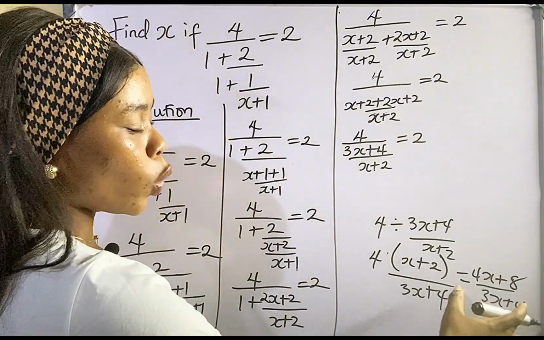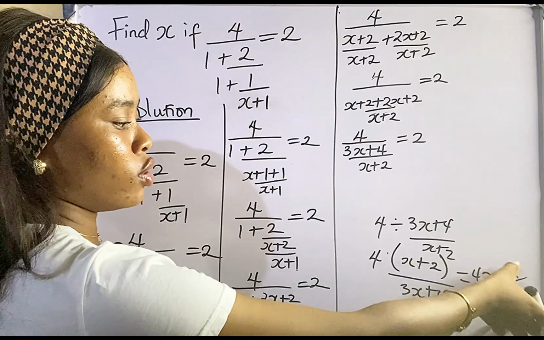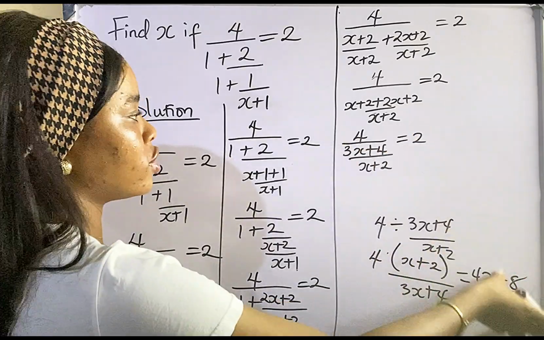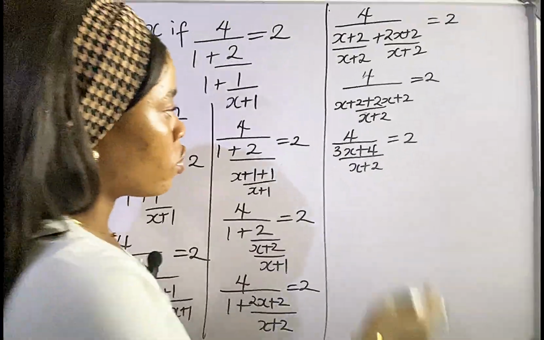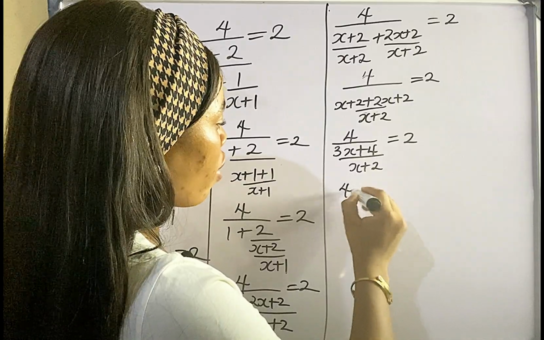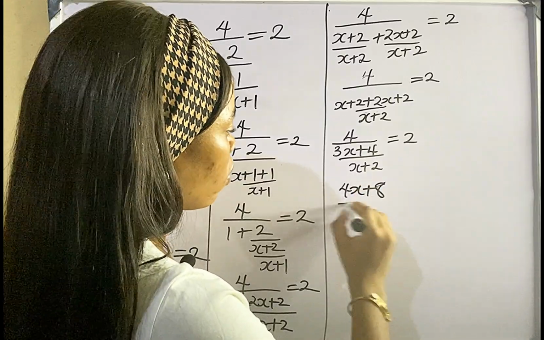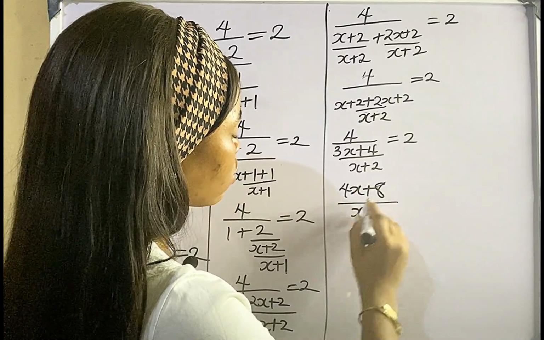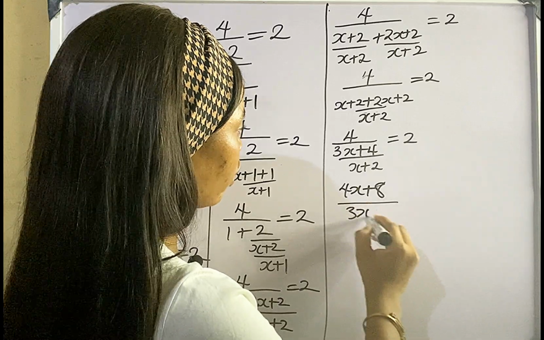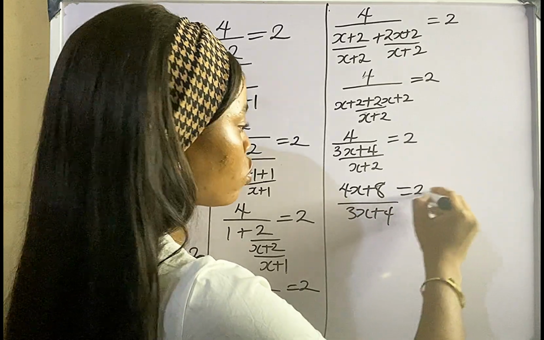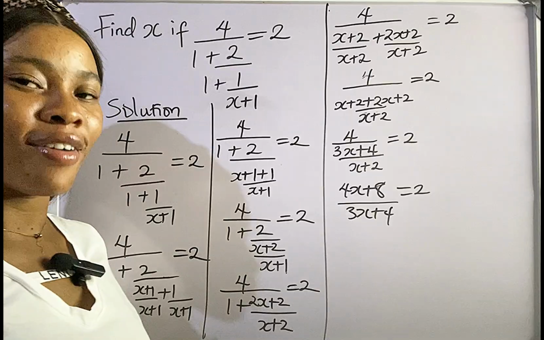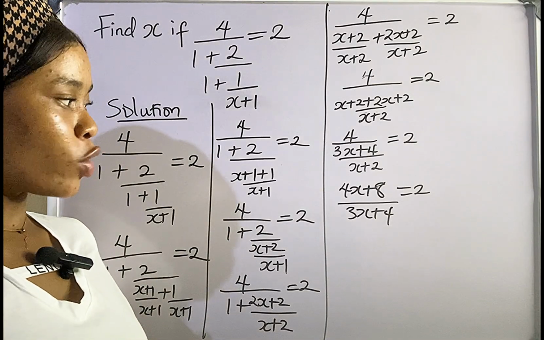So we use this instead of this, so we write this in place of this. So this becomes 4x plus 8 over 3x plus 4 equals 2. Now you see we are having a simple equation with fractions.